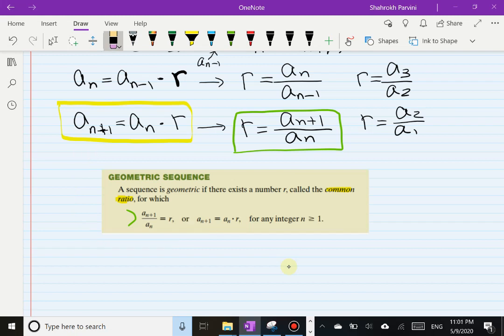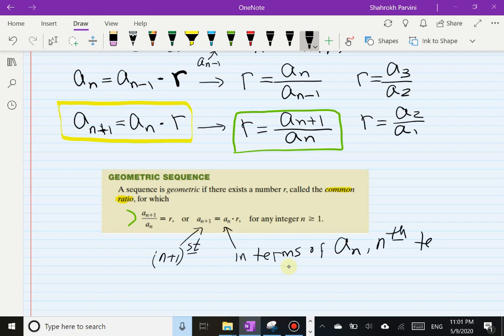Now, anytime we define one term in terms of another term, so here's the n plus first term defined in terms of a sub n, that would be the nth term, then we call that a recursive definition.